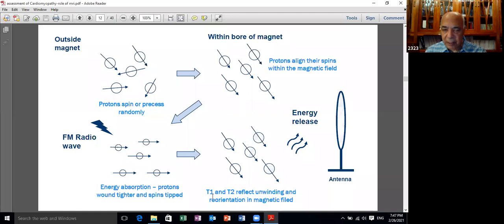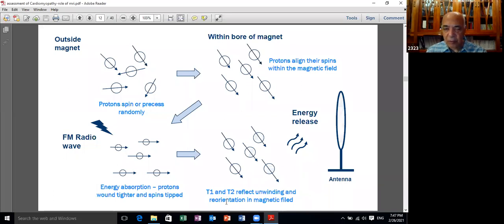The time it takes for relaxation to occur after we switch off the FM radio waves in the vertical axis is called T1. And in the horizontal axis, the dephasing and the realignment of the protons from the dephased state is called T2.